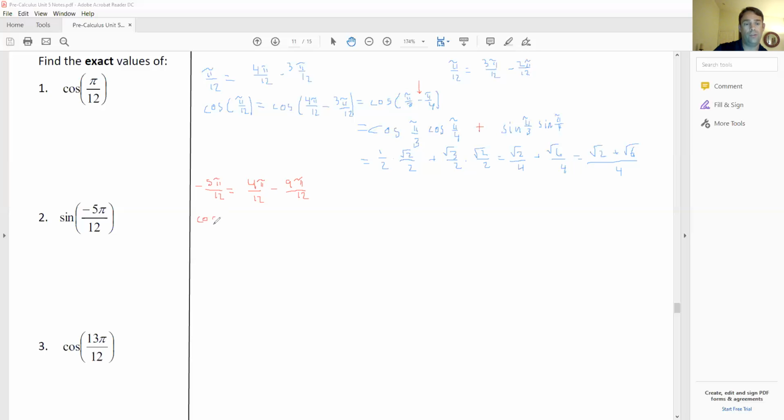All right, so I'm going to use this one, 4 pi and 9 pi. So negative 5 pi over 12. That's going to be the same thing as cosine as 4 pi over 12 minus 9 pi over 12.